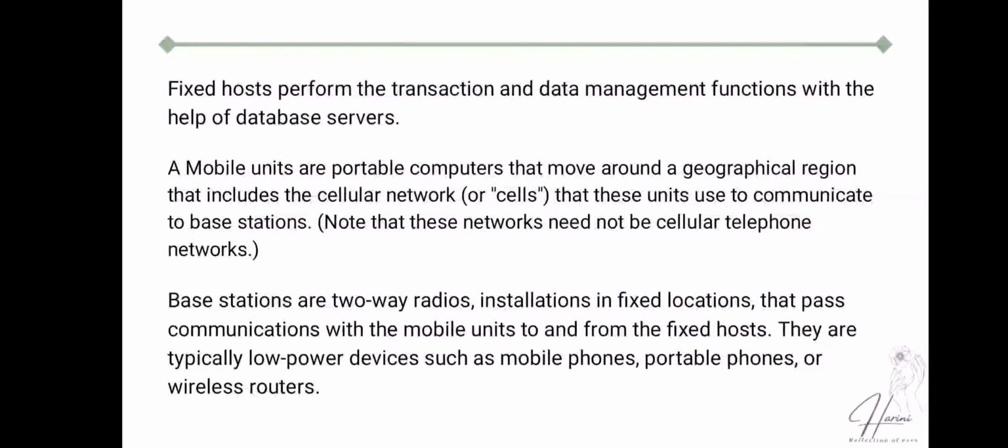The mobile units are portable computers that move around a geographical region. Yes, our cell phones, our cell networks, our mobile phones can move anywhere with the different geographical location. Base stations are radio installations in fixed location that pass communication with the mobile units to and from the fixed host.